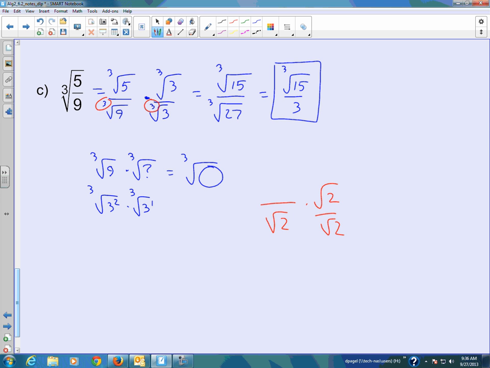We were making perfect squares down here because 2 times 2 was a 4, and when I took the square root of a 4, I just got a 2. So we were doing this concept of making perfect nth powers, but now we're going to have to be dealing with powers other than 2. So we make perfect fourths or perfect sixths, the perfect cubes in this case. The process is still the same though.